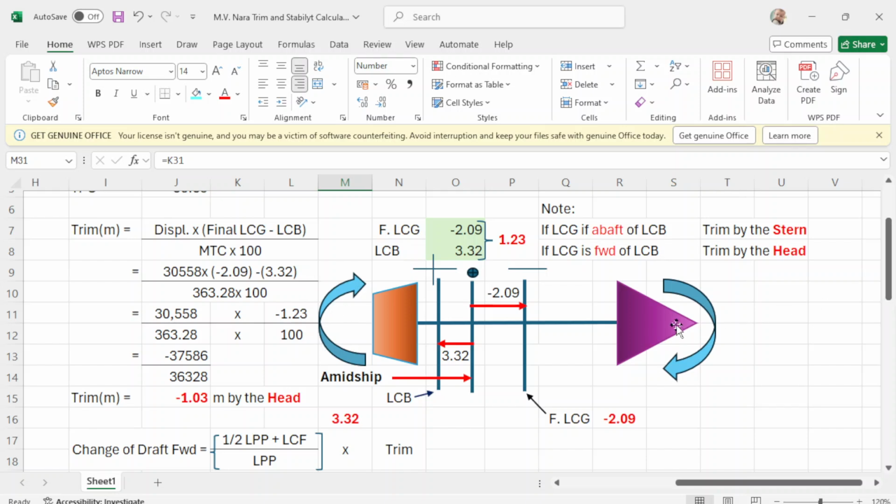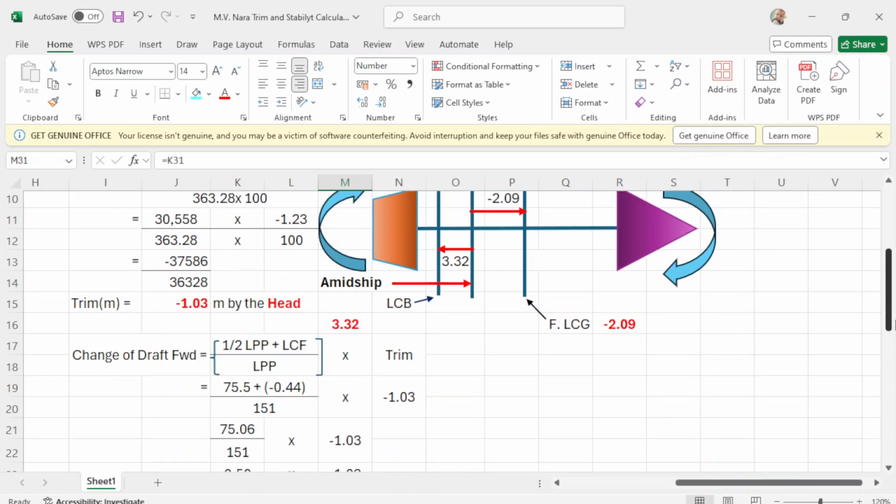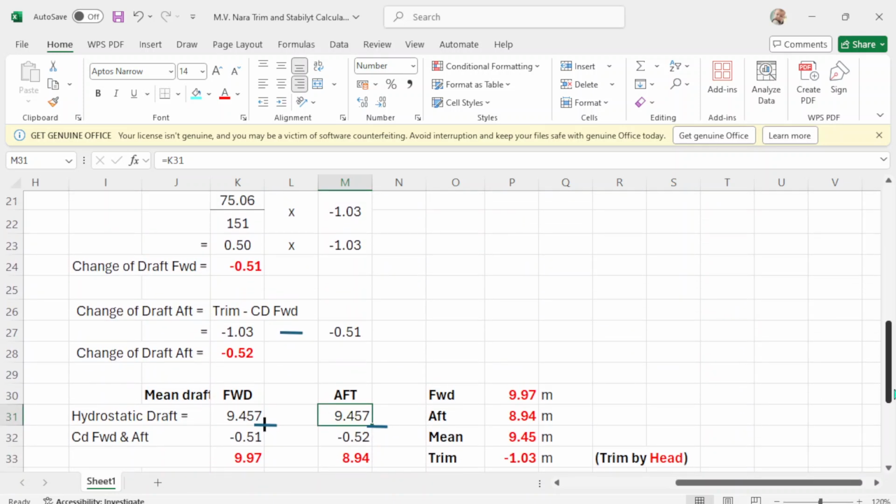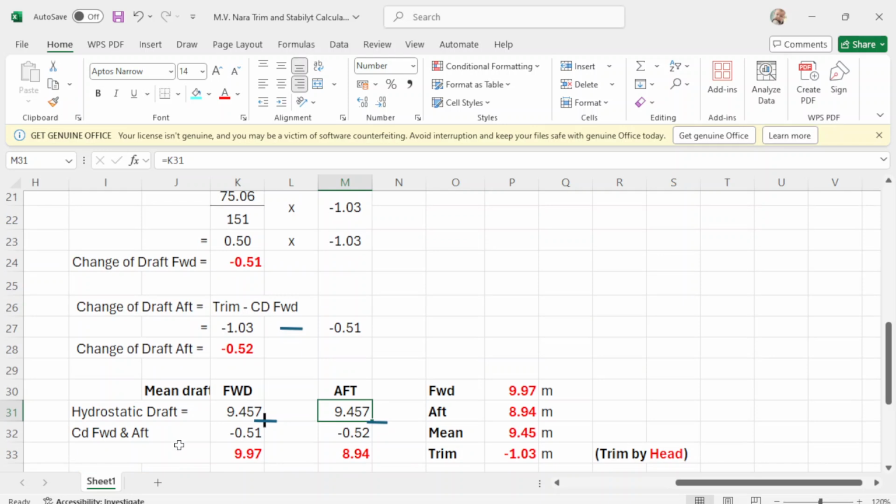So forward, when it sinks, you will have more drop. So for the forward part, the change of drop forward, you add this one. So when you add 9.457 plus 0.51, your drop forward will be 9.97. This will be your drop forward.